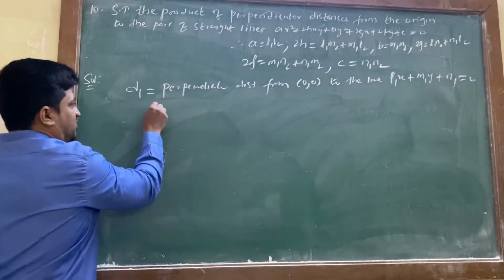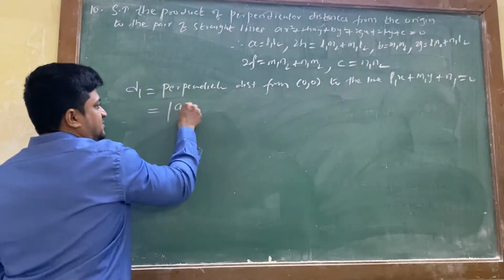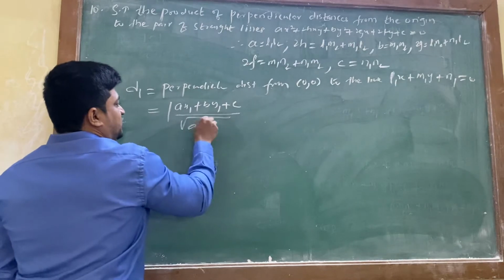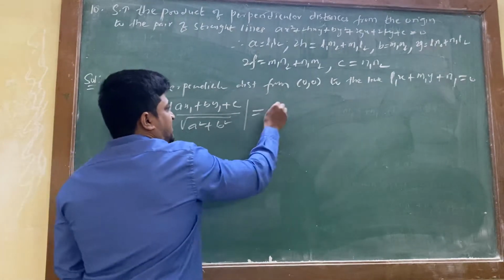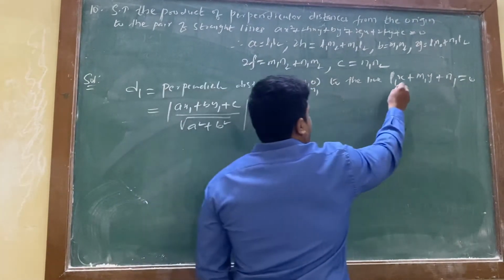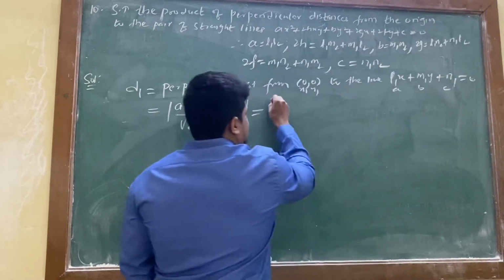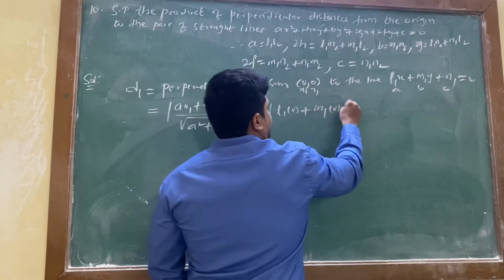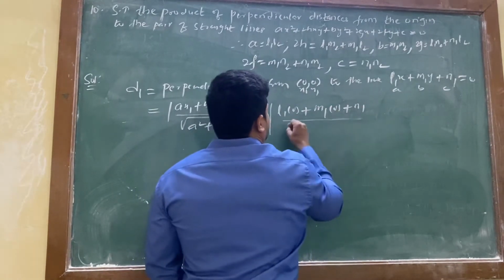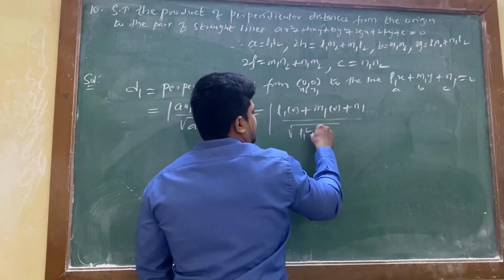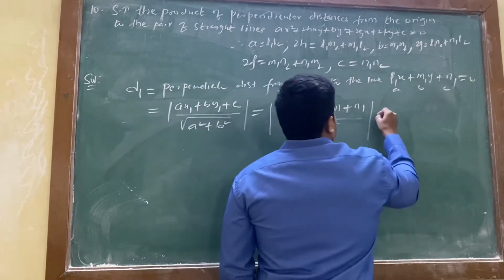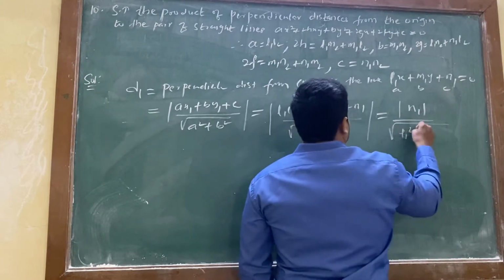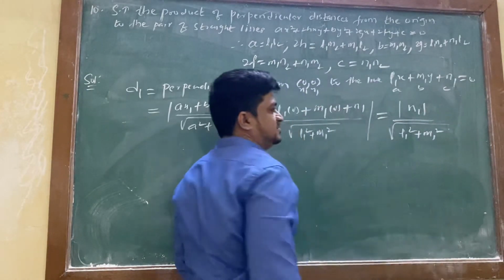The perpendicular distance formula is ax1 plus by1 plus c by root of a square plus b square. In this, x1 y1 is the origin and a, b, c are the line coefficients. So in the numerator we have N1 divided by root over L1 square plus M1 square.